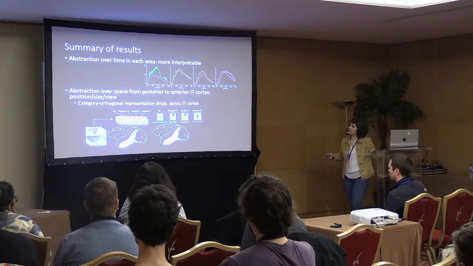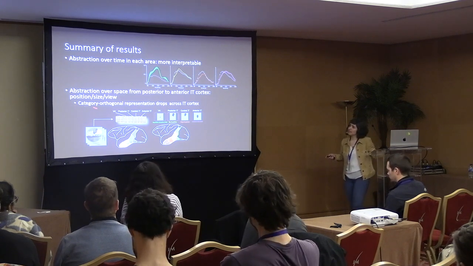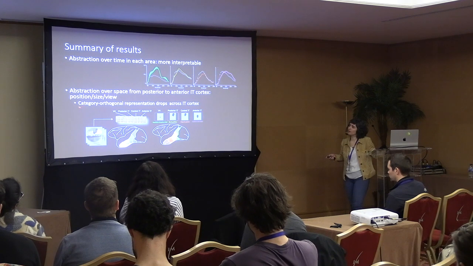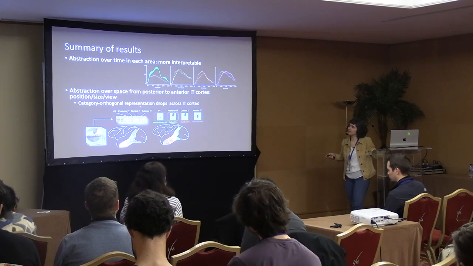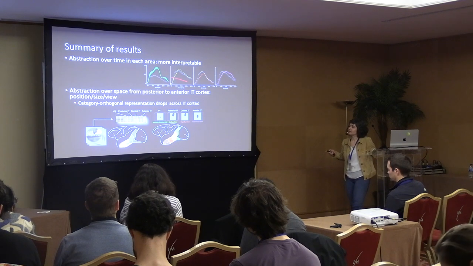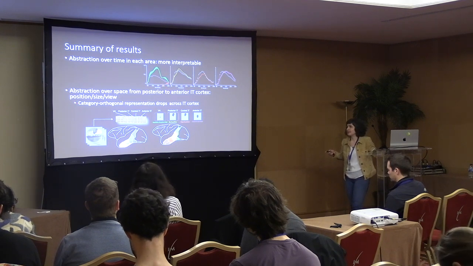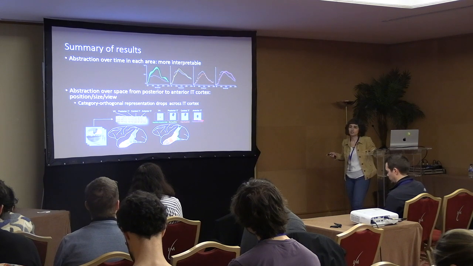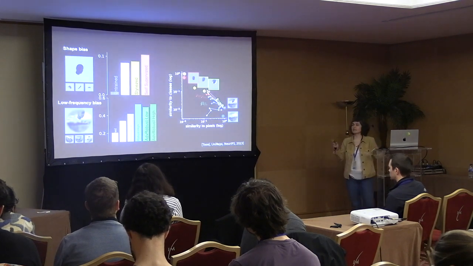One finding was that previous work showed that the category-orthogonal representation increases from early areas to IT, and it would have been assumed to do so all the way. But if we break down IT parts, we see this abstraction away, just like we saw for faces.